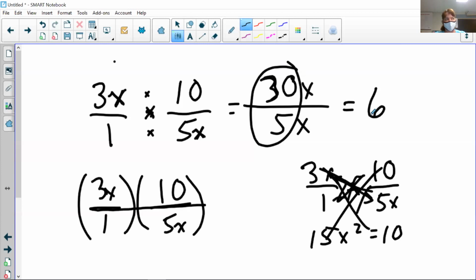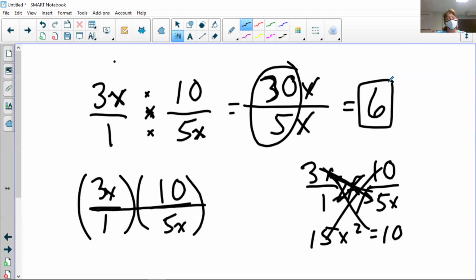Because we have an x on the top and an x on the bottom. They cancel out. Remember, when you have a variable on the top and the bottom, they can cancel. So because we have an x here and an x here, they go away. x over x is 1. So the answer here is just 6. No x's left in the answer because they went away.